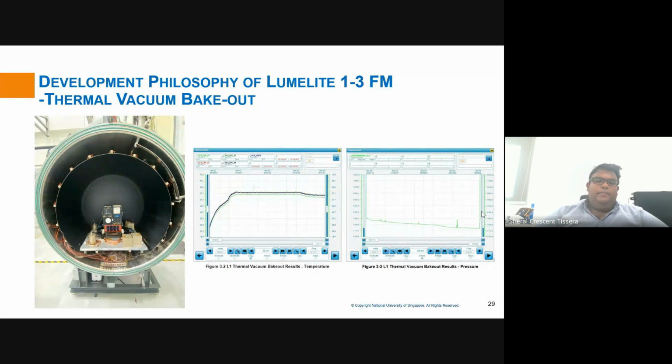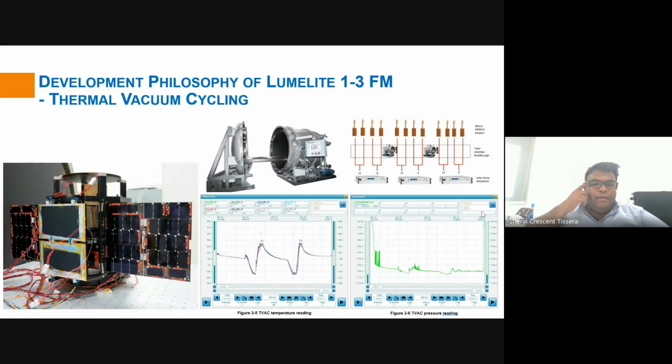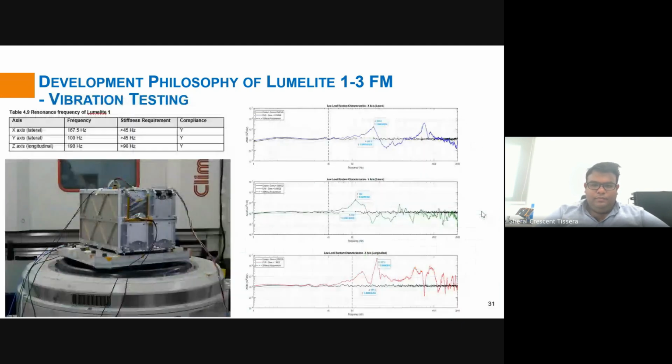And then we firstly do the thermal vacuum bake-out, which is required by the launch service provider over a period of 24 hours before we do the thermal vacuum cycling, also for over two cycles.